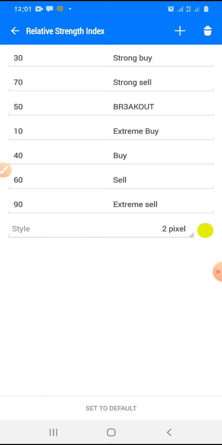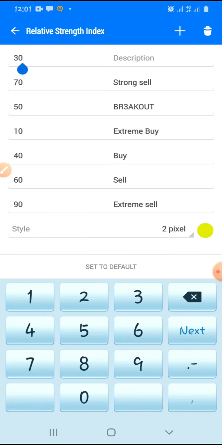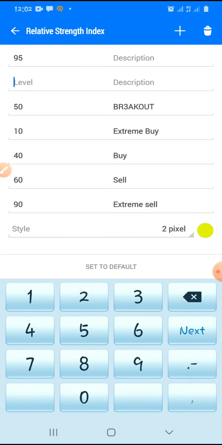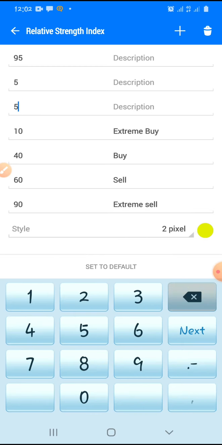So the levels, let me delete these ones. I will first insert 95. Second level, I will then insert 5. Another level, I will then insert 80.